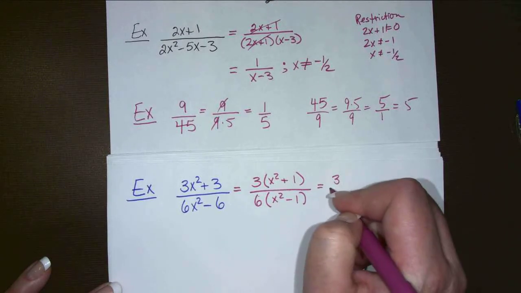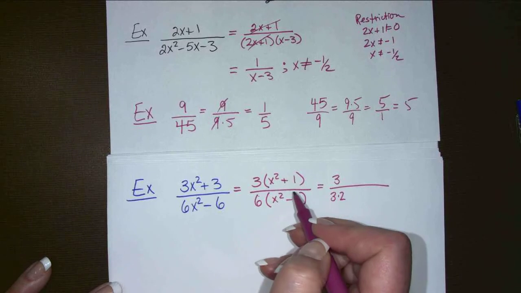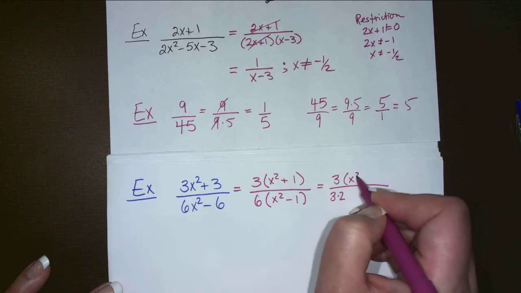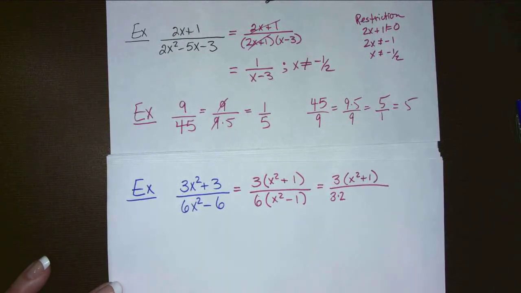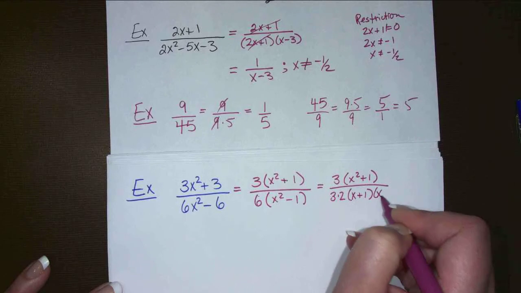Or the 6, sorry. There's 3 times 2. What about the x plus 1? Does that factor? No. It's a sum of squares. When there's a plus in between, it does not factor. So that cannot be reduced further. What about the bottom? That's a difference of squares. It does factor. x plus 1, x minus 1.